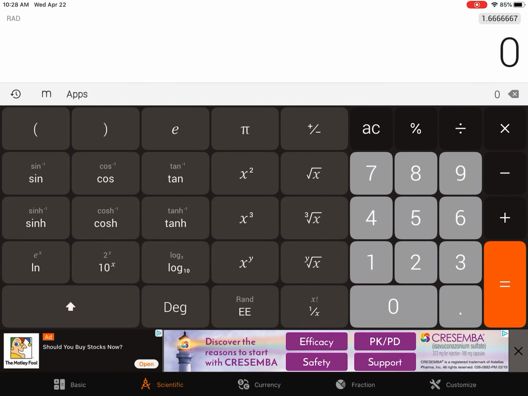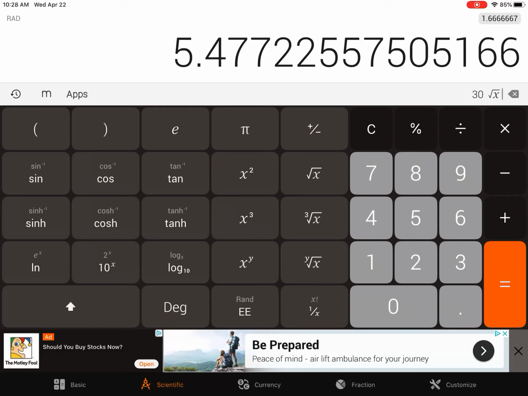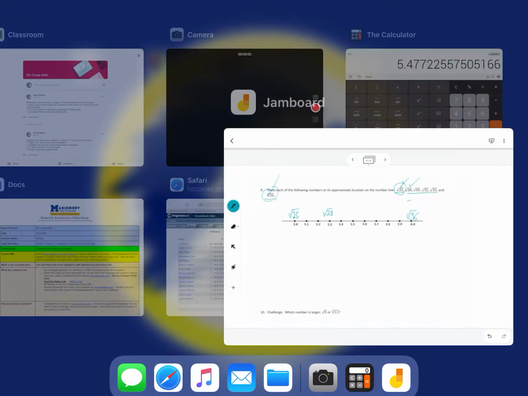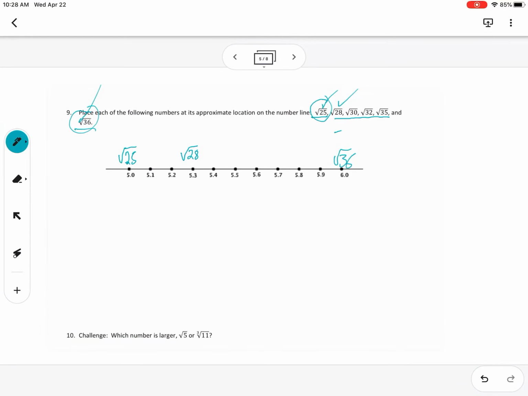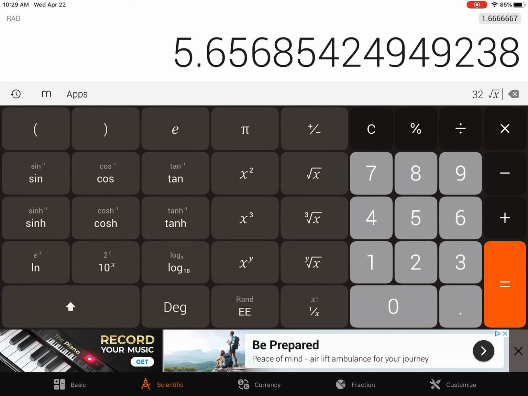Square root of 30. 5.47, I'll go and round that up to 5.5. So square root of 30. Now square root of 32. 5.65, I'll go ahead and put that at 5.7.